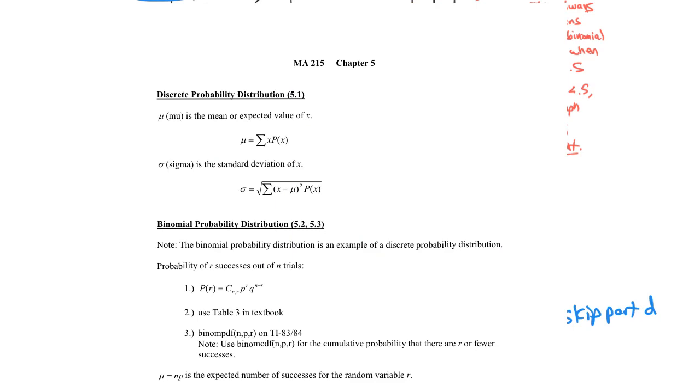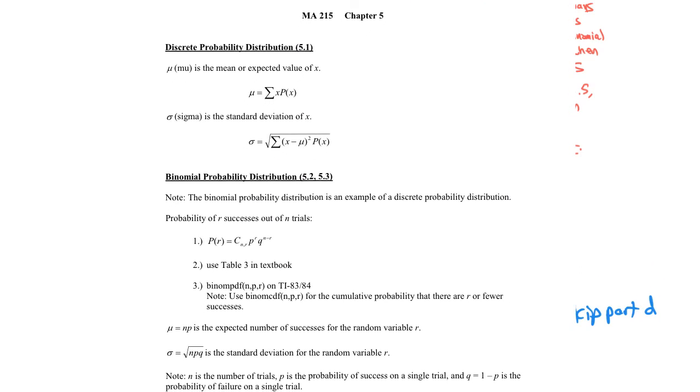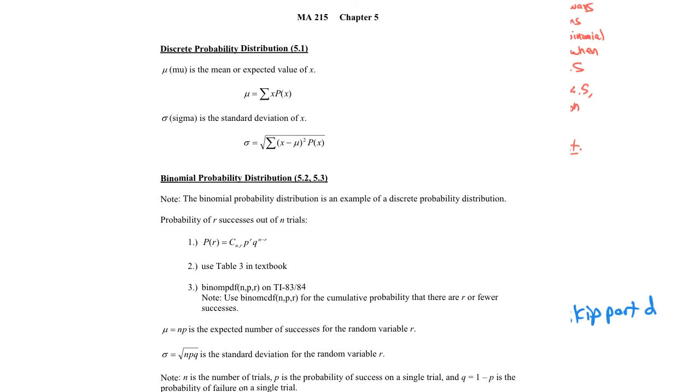So I referred to this Chapter 5 handout a while back. This is one that you can have. It's not as useful as a Chapter 4 handout, but there are some things that we definitely need to mention on here. So when you look at this, in 5.1, we talk about discrete probability distributions, just generally speaking.